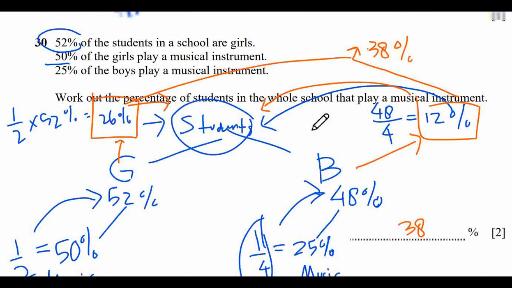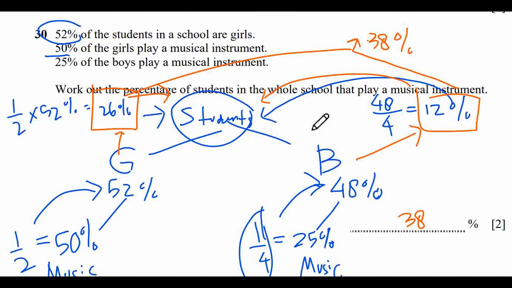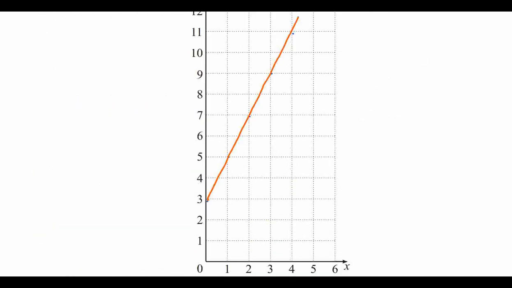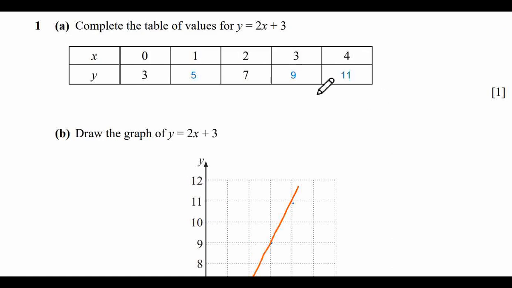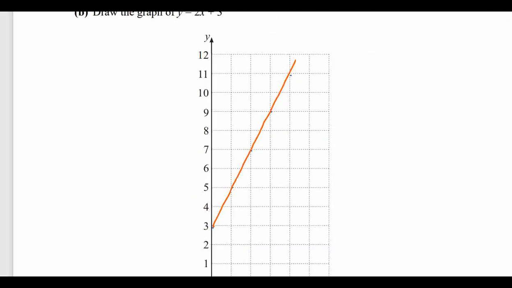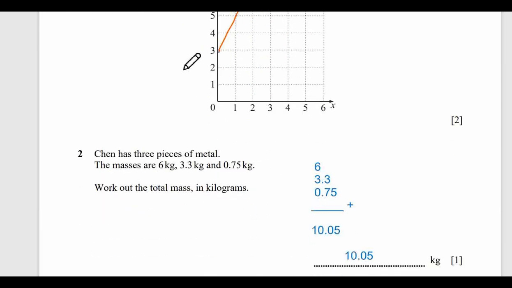So next we'll scroll over the whole question paper, so you may take a screenshot of the answers if you like. So this is question number 1 answer. This is the graph. And this is question number 2 answer.